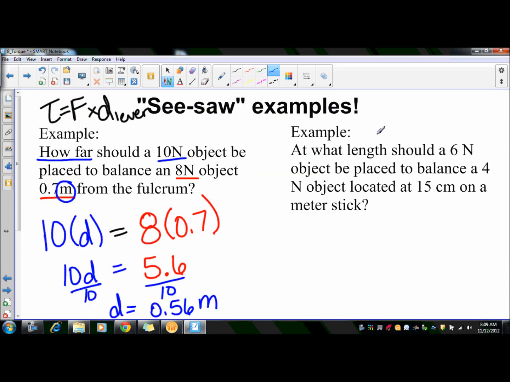So for example here, we have a 6 Newton object and we're looking for what length, and then our other object is a 4 Newton object that's 15 centimeters. Now we do not have to convert this. We can just use it in centimeters. And here's how. We have 6 newtons times our distance, and that's going to be equal to our 4 newtons times our 15 centimeters.